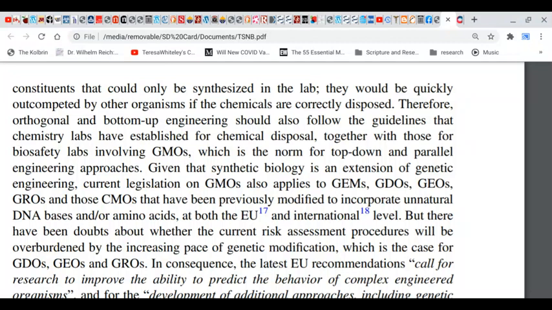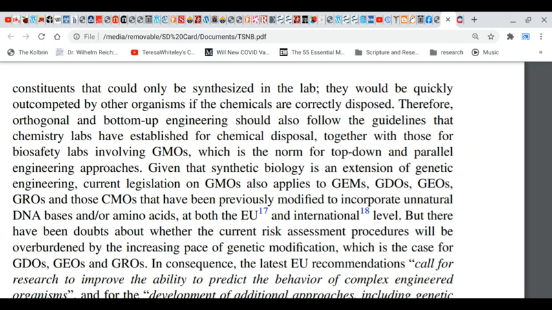Given that synthetic biology is an extension of genetic engineering, current legislation on GMOs also applies to GEMs, GDOs, GEOs, GROs, and those CMOs that have been previously modified to incorporate unnatural DNA bases and or amino acids at both the EU and international level.